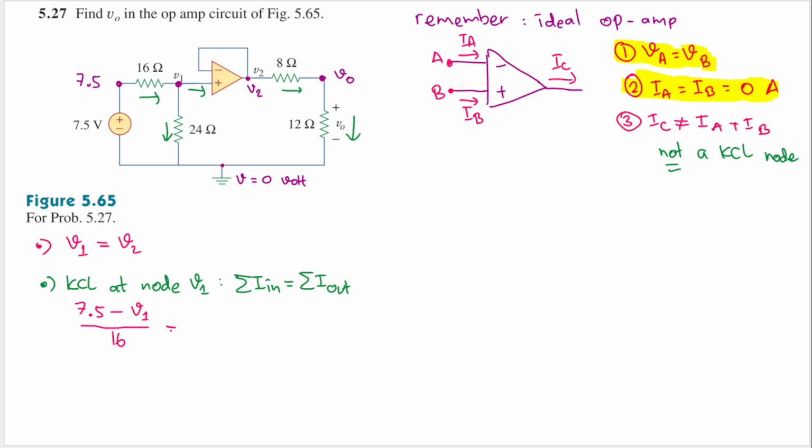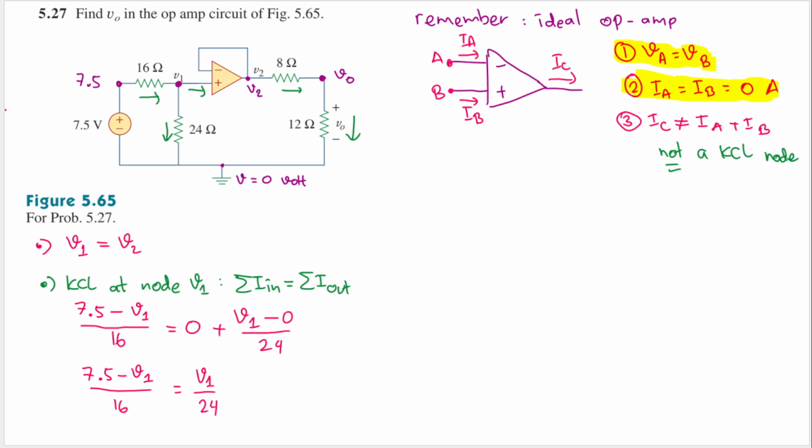Plus we will have this current here that will be V1 minus 0 divided by 24. I think we can simplify this. I will have 7.5 minus V1 divided by 16, and that will equal V1 over 24.